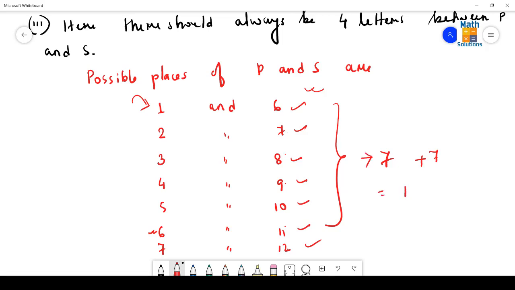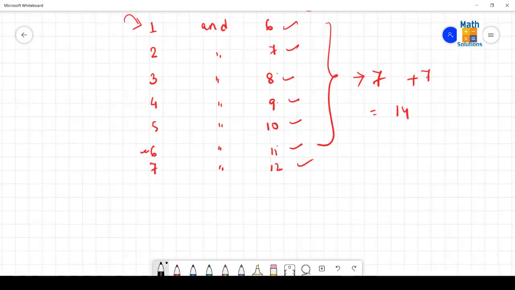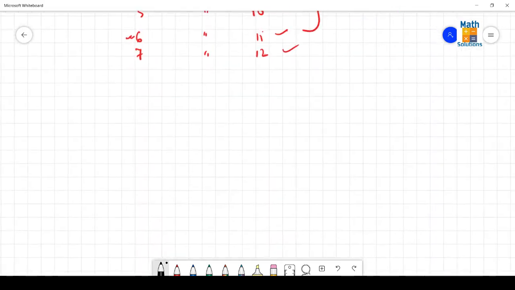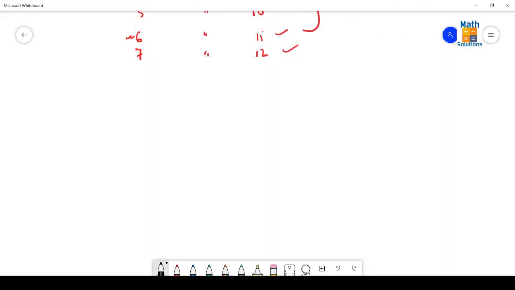So in total there are 14 possible cases when the places of P and S are interchanged. All these 14 ways in which P and S can be arranged to keep 4 letters in between them, we have to take into account.